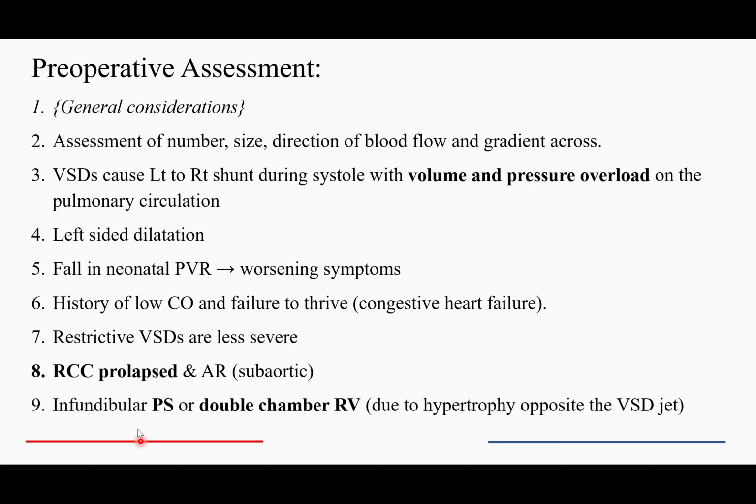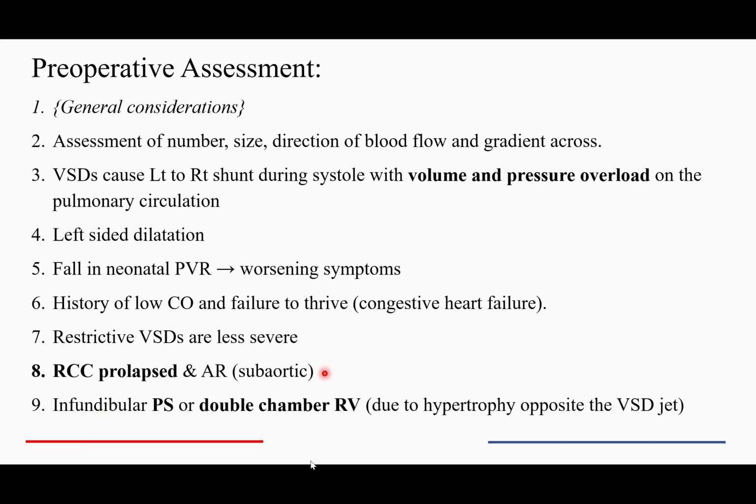If the VSD is restrictive, the blood flows with high velocity, causing negative suction and right coronary cusp prolapse that may further restrict the VSD and may close it completely, or cause it to become even narrower. But aortic regurgitation may develop, and it renders the operation difficult because if the aortic regurgitation is severe, it should be addressed. But in children or even infants, it is difficult to repair the aorta and to replace it.